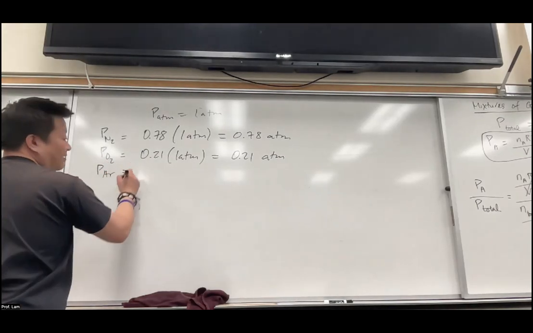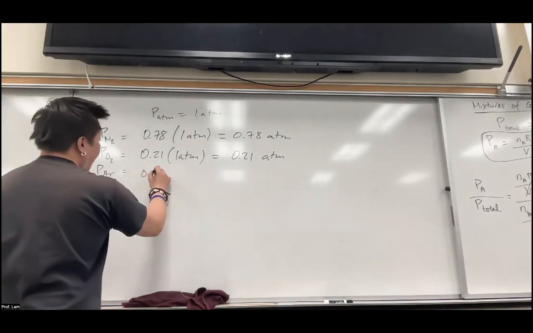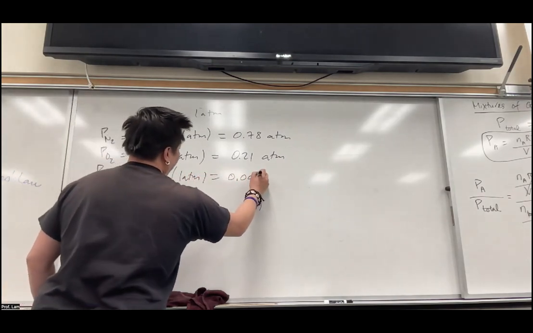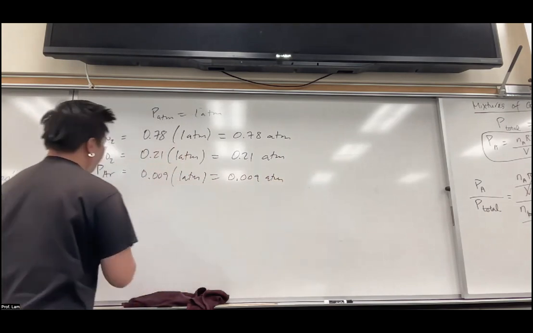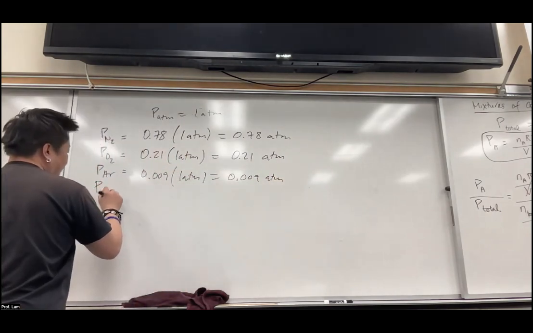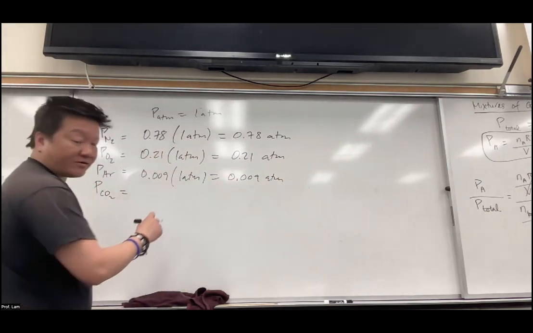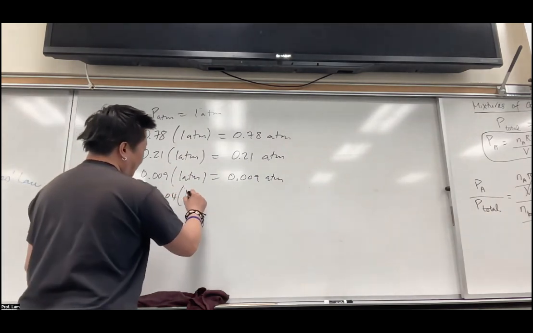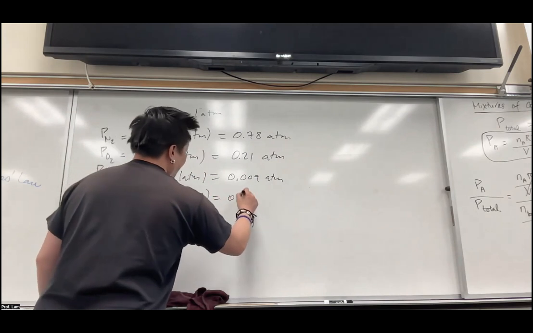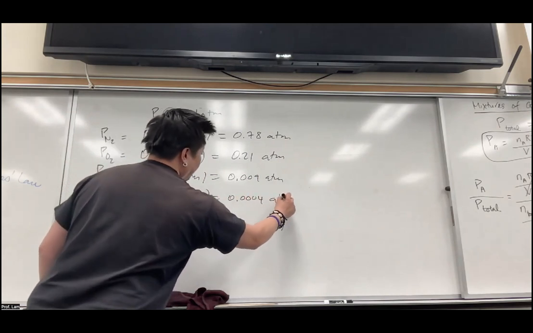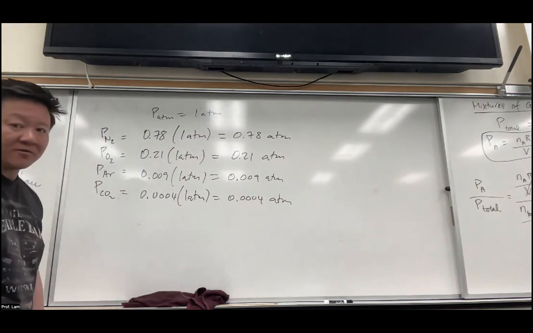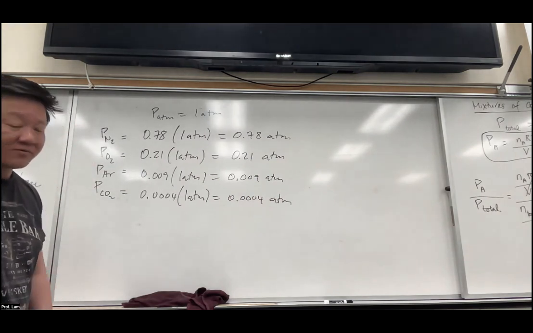Partial pressure of argon is 0.009 times 1 atm, so 0.009. You do it for CO2. Now you get 0.0004 times 1 atm, which is 0.0004. Okay, so these are the partial pressures of each of the main components of air.